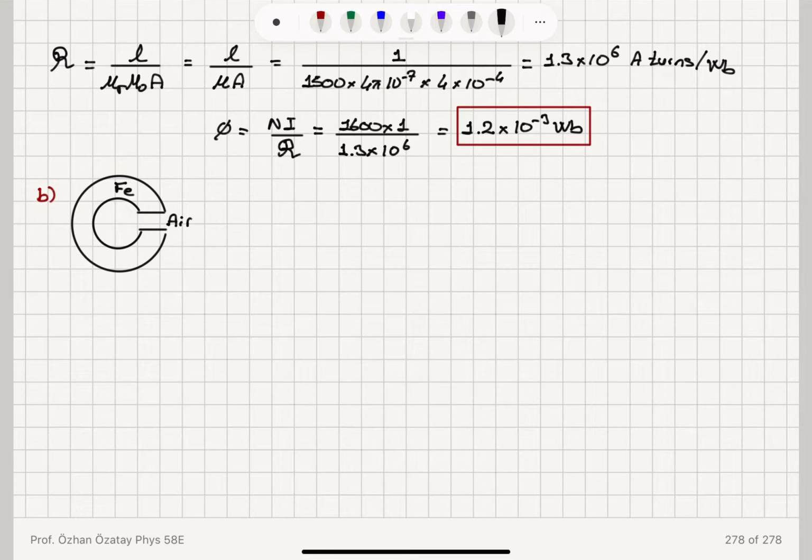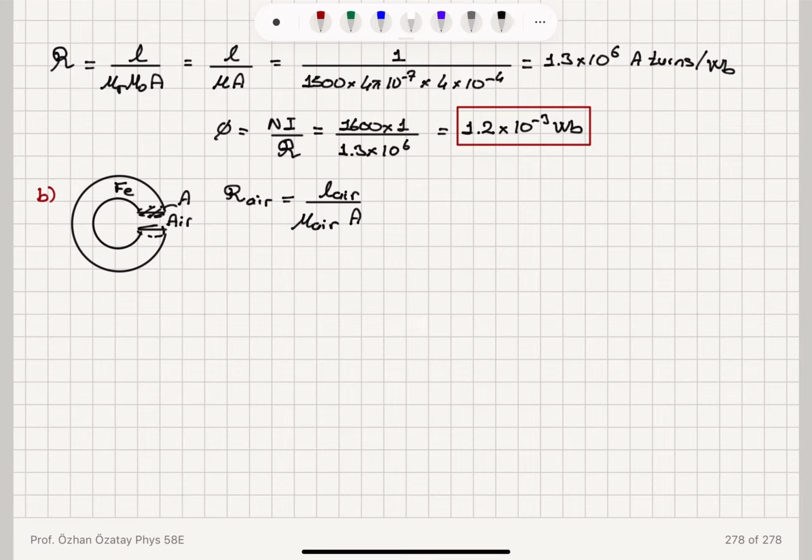In this case, we have to consider the reluctance of the air as well. That part will have the path length in air, L air, divided by permeability in air, multiplied by the cross-sectional area. You can see that the cross-sectional area is the same as the cross-sectional area of the toroid. So this is basically the same area A.